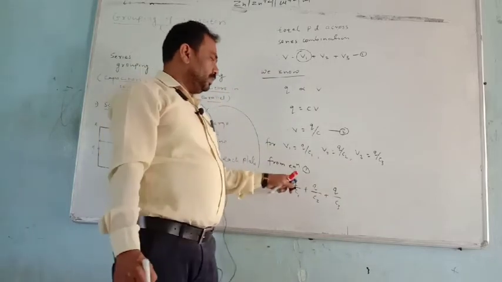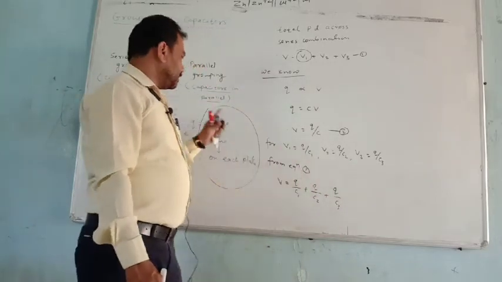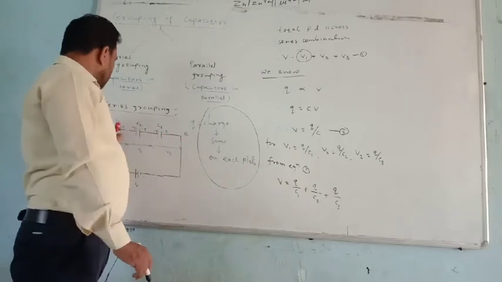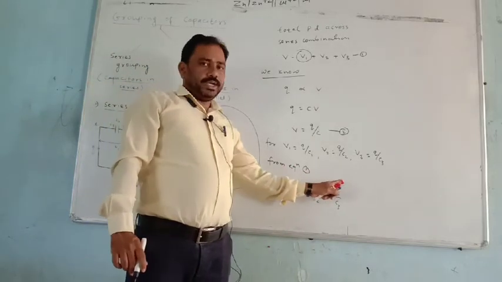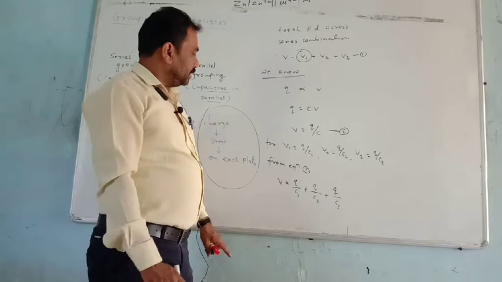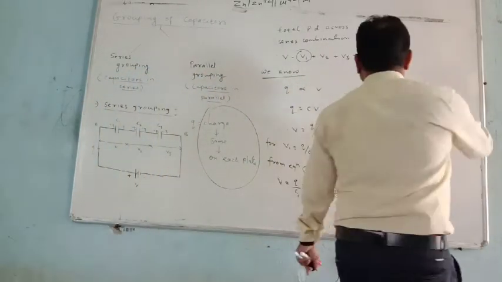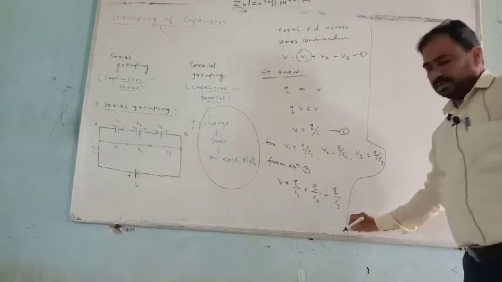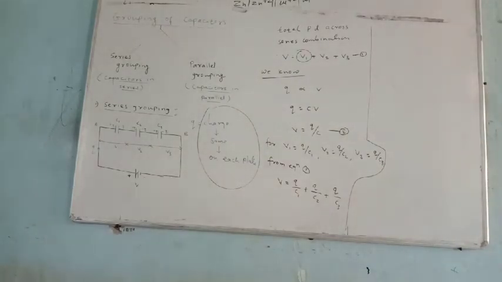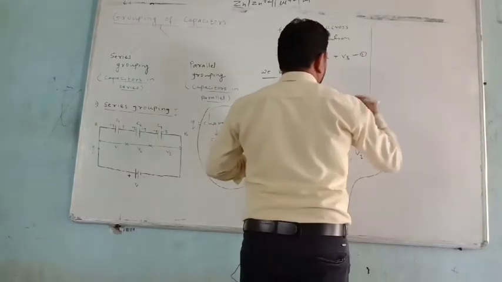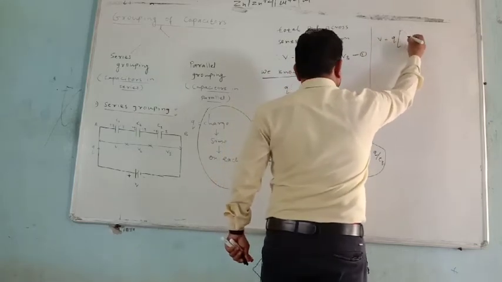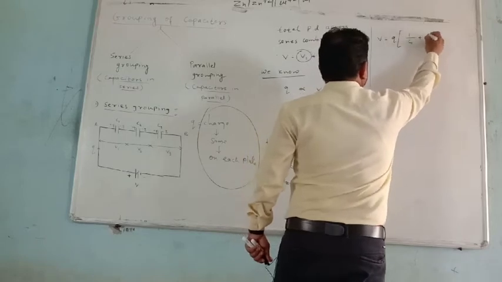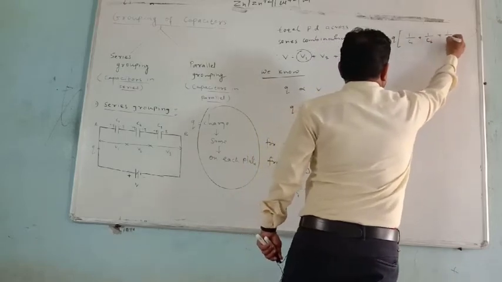Why are we using Q? Because the charge on each plate is the same, that's why we put Q, Q and Q. So what is the addition of these three? V is exactly equal to Q times (1 by C1 plus 1 by C2 plus 1 by C3), where Q is common.